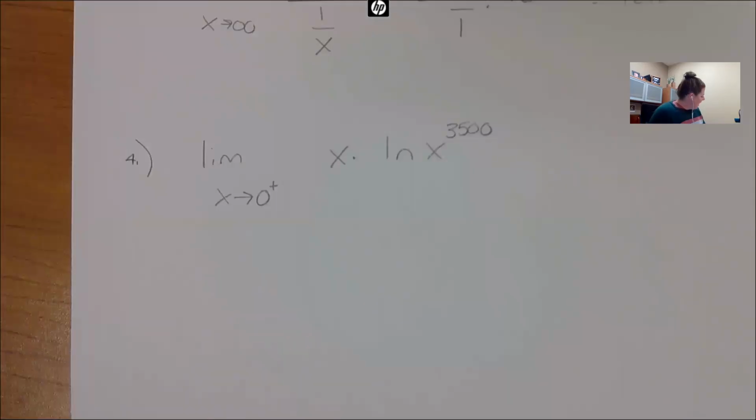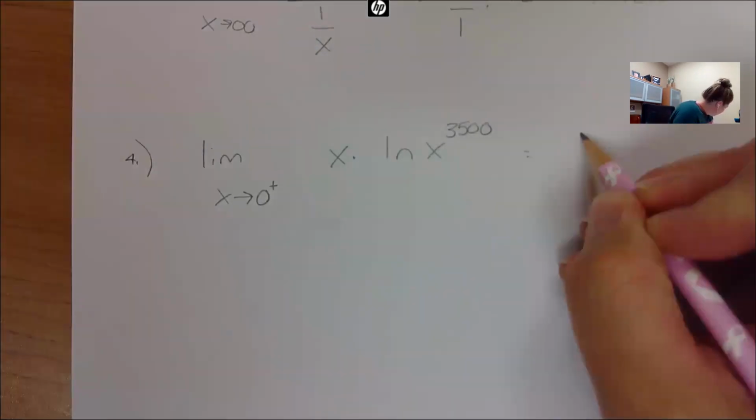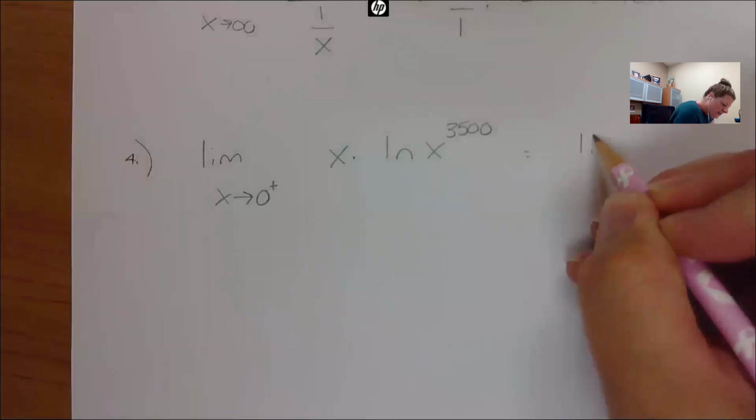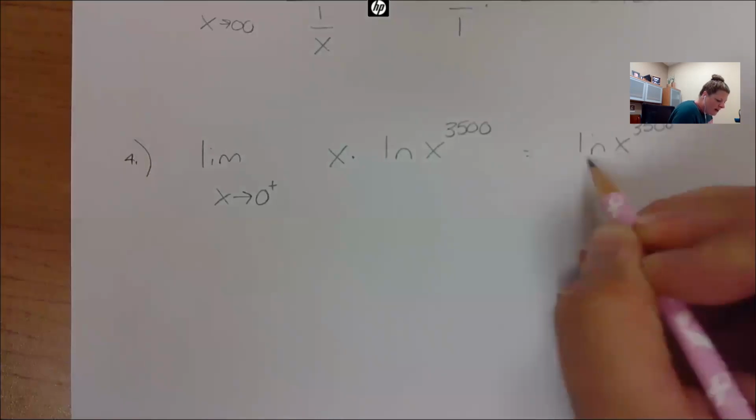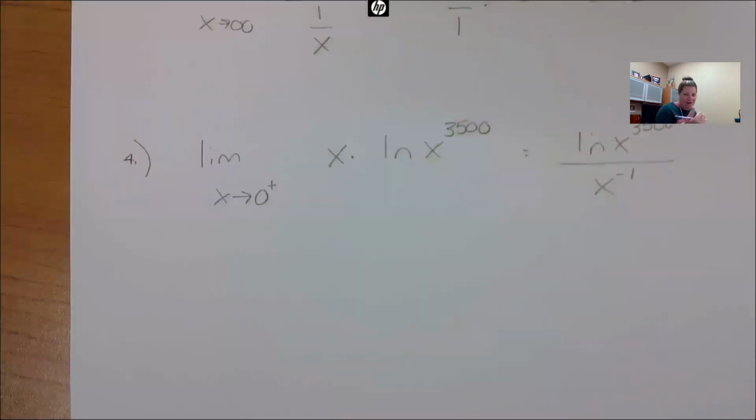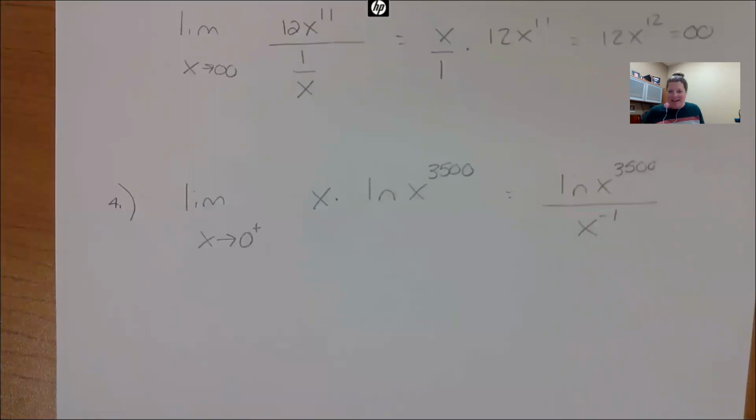So right now, it is not in a form 0 over 0 or infinity over infinity. If I rewrote this to be natural log of x to the 3,500 over x to the -1. Weird, but I moved it down. Then it would be infinity over infinity. And that's really hard to see.